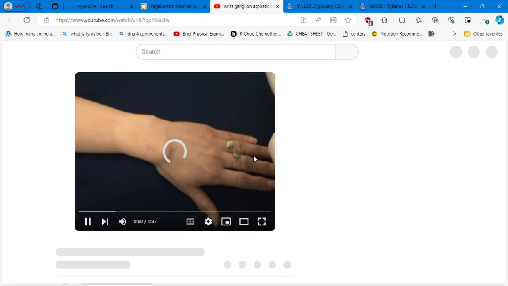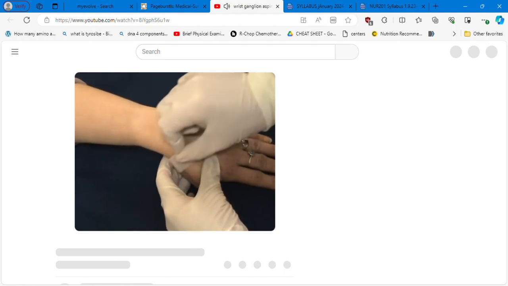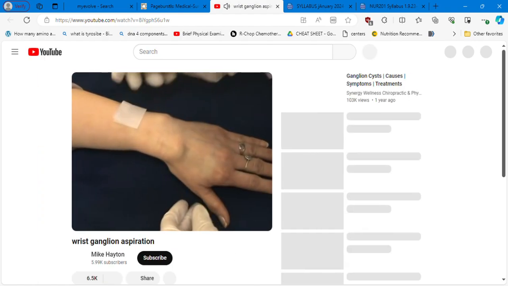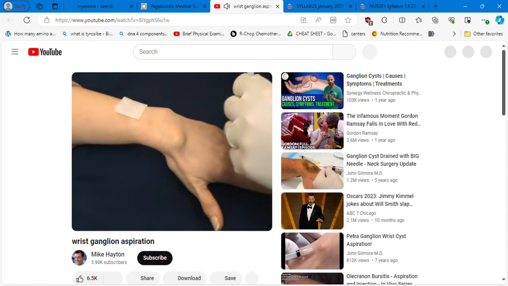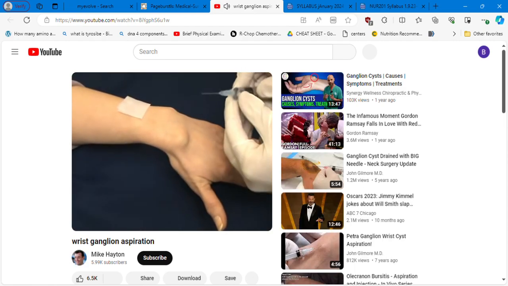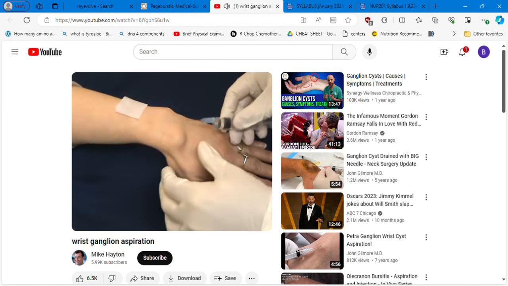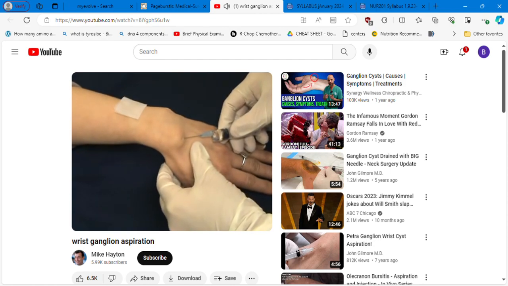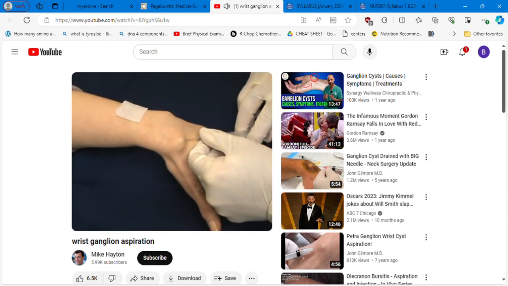Wrist ganglion. Put your thumb up in the air for me. This is the type of fluid he's gonna remove. A little scratch. He's putting an anesthetic, right?